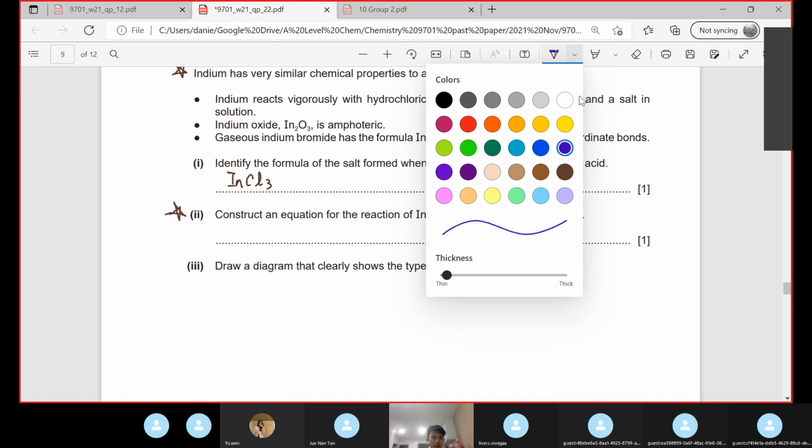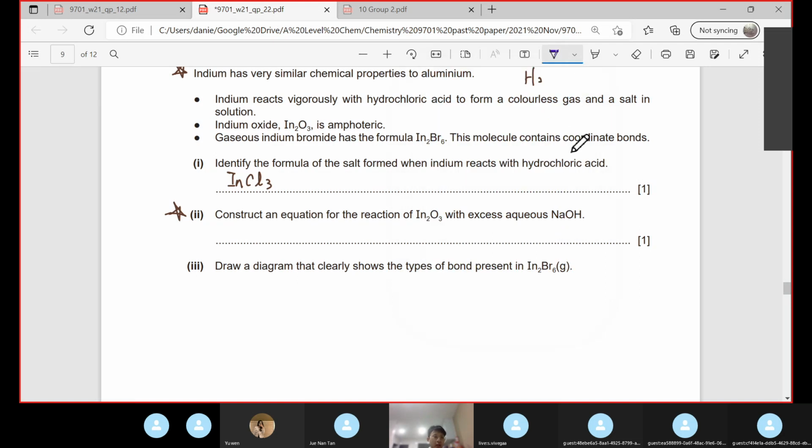I believe some of you may not know how to balance the equation. So let us write down first: indium oxide plus NaOH, to form something.